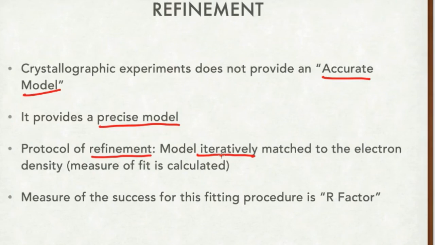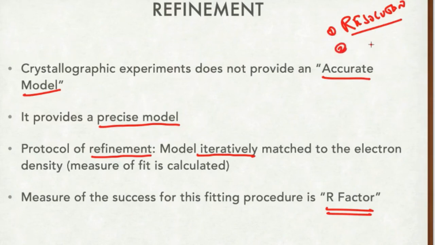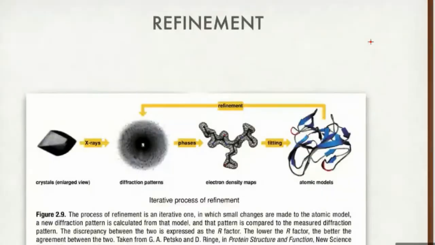The measure of success of the fitting is given by another value called the R factor. So two important parameters. One is the resolution. Okay, resolution for MSc students, very important. The second important factor is the R factor. R factor dictates the measure of success for that fitting procedure, right? So both the values we have to take into account, right?